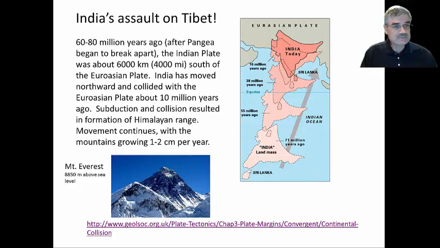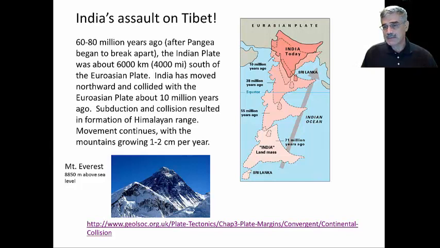Geologists believe that 60 to 80 million years ago, India, which has its own plate, the Indian plate, was about 6,000 kilometers, about 4,000 miles, south of the Eurasian plate, and that India has moved northward, colliding with the Eurasian plate about 10 million years ago, resulting in subduction. This collision then led to the formation of the Himalayan mountain range, including Mount Everest.